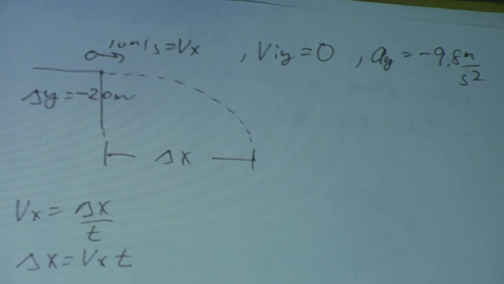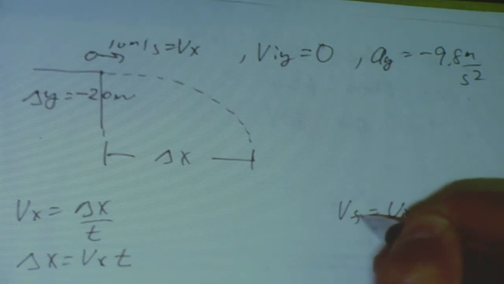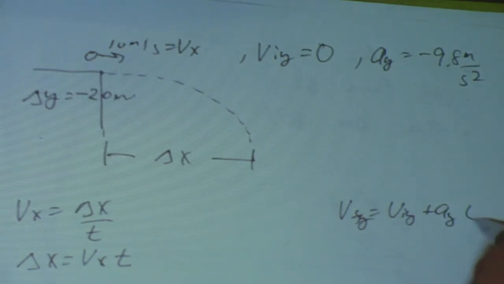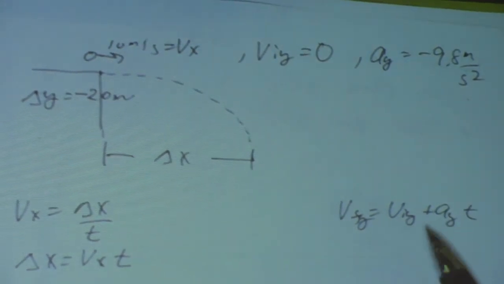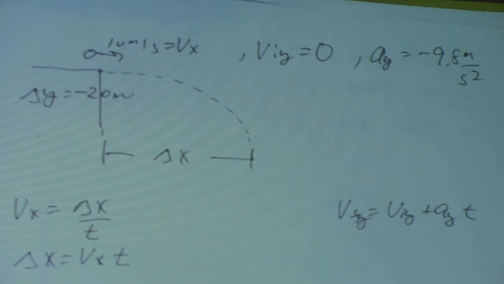We don't know the y velocity right before it hits the ground. You can't say it's 0 because it hit the ground. You have to know it right before it hits the ground, which we do not know. So this one doesn't really work for us. You know this and this, but you don't know the velocity right before it hits the ground, so you can't really use that one.